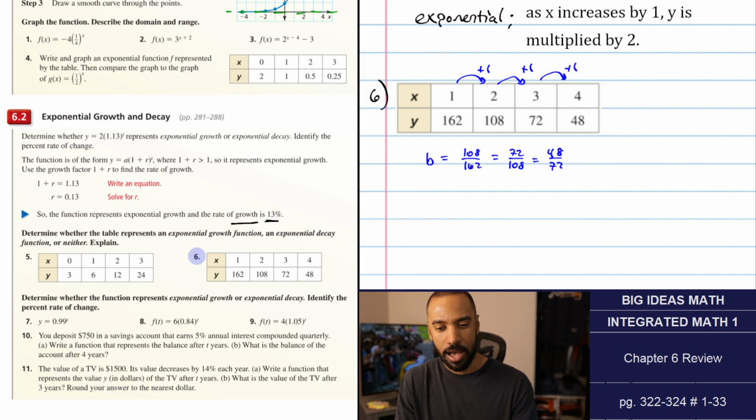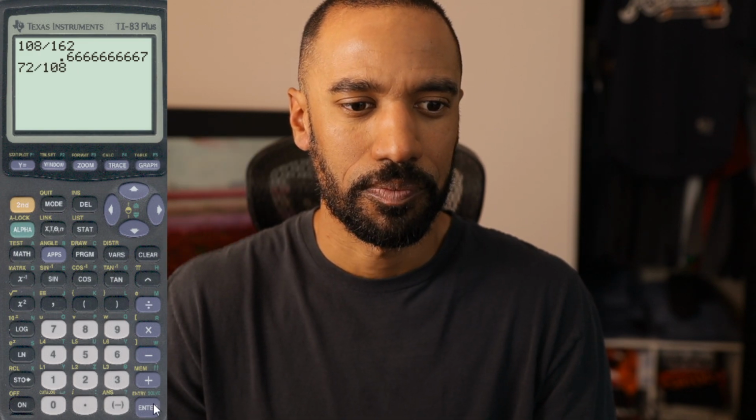Now, if I used my calculator, there's a way to reduce these fractions if you divide by certain numbers. But if I use my calculator, I can check 108 over 162, and I believe it's 2/3. Hold on, I have to reset my calculator. All right, 108 over 162. I think it's going to be the 0.6 repeating, that number. And then we'll try 72 over 108, which I think is also 2/3.